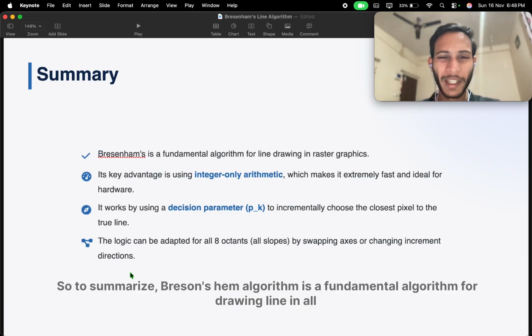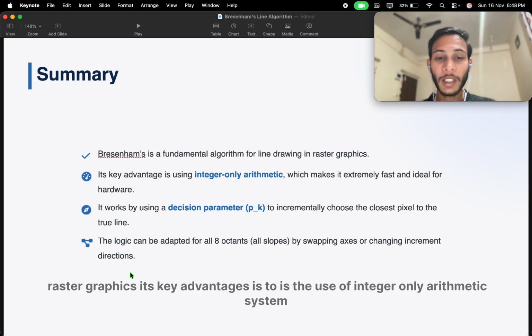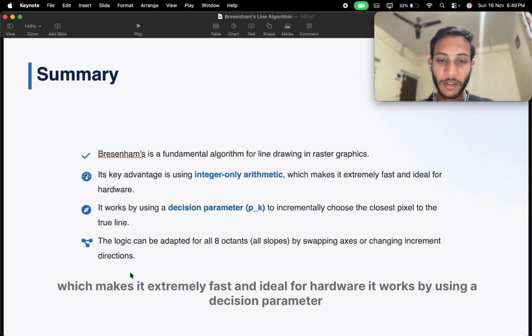So, to summarize, Bresenham's algorithm is a fundamental algorithm for drawing lines in all raster graphics. Its key advantage is the use of integer only arithmetic, which makes it extremely fast and ideal for hardware.